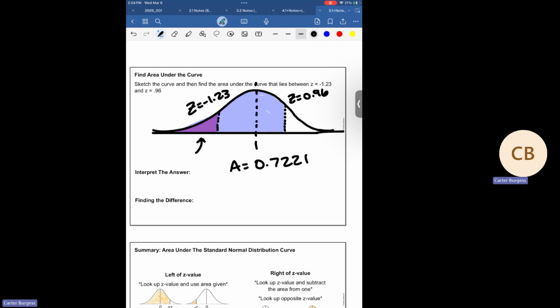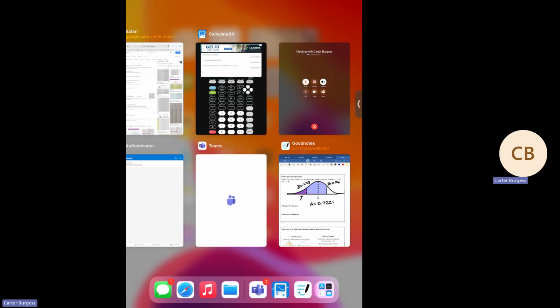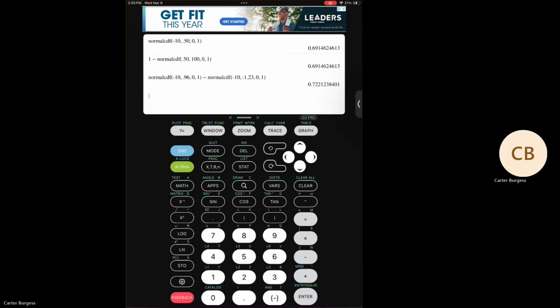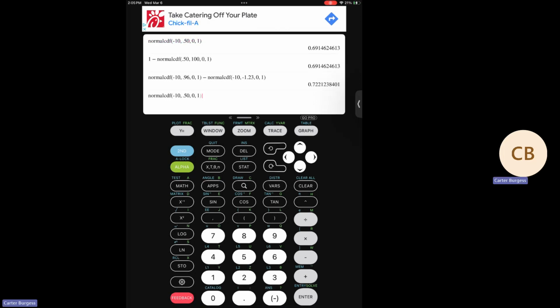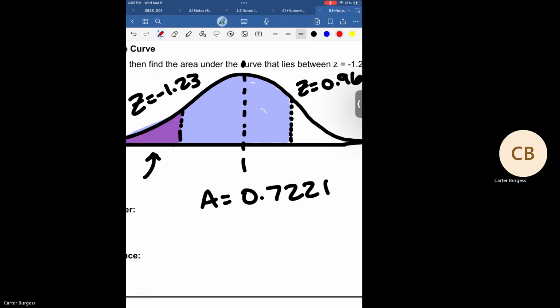The tables just give us the values to the left, but our calculators are better than that. So what am I going to do in my calculator to produce the exact same result? What's my lower bound going to be? What's the lowest possible z-score I could see for the area that we are looking at here?